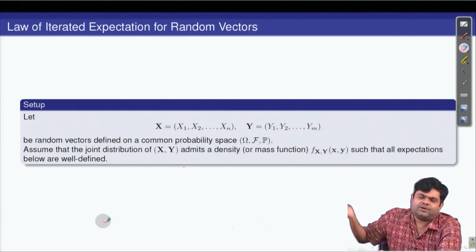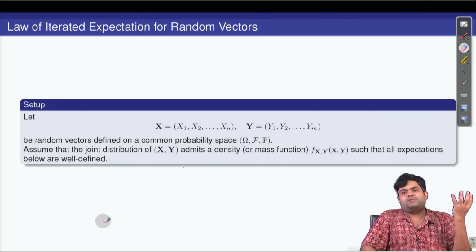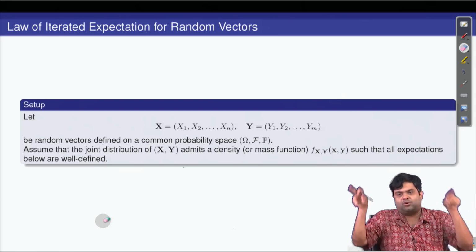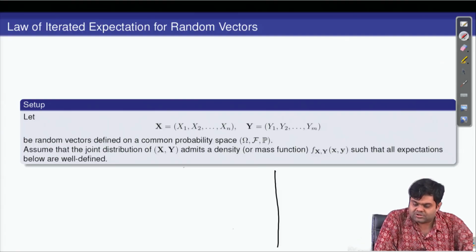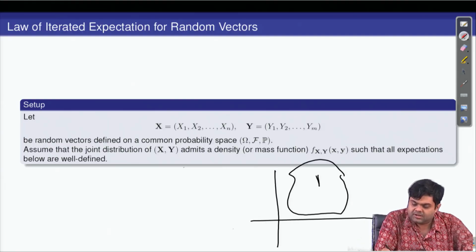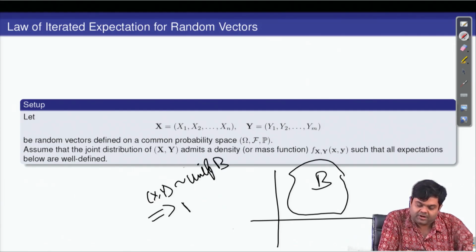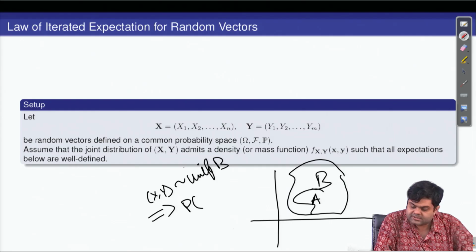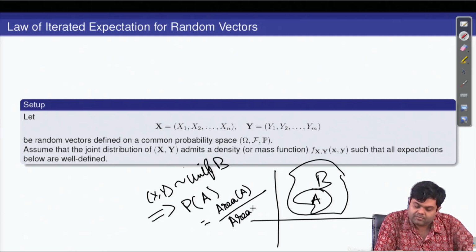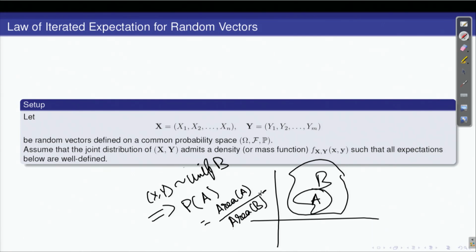In the case of a uniform distribution in 2 dimensions, suppose you have a space B. If (X,Y) is jointly uniform on B, the probability of any A that sits inside is just area of A divided by area of B.